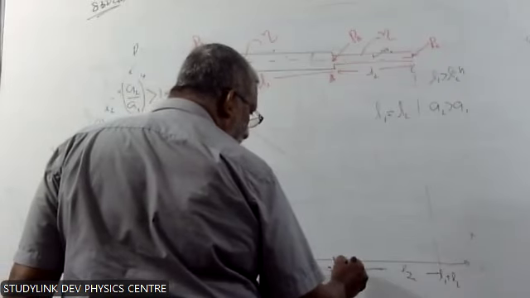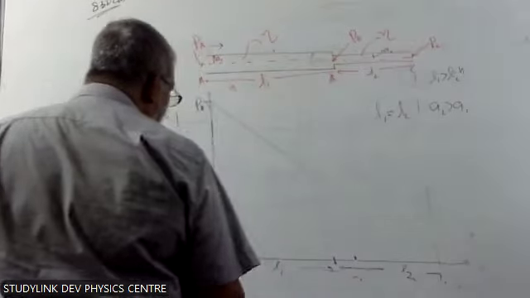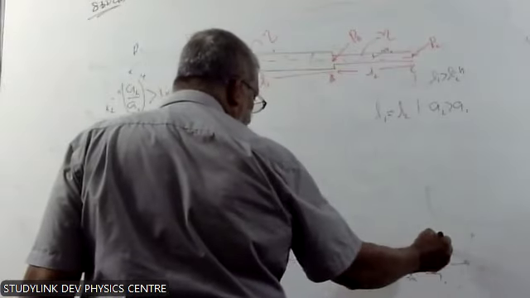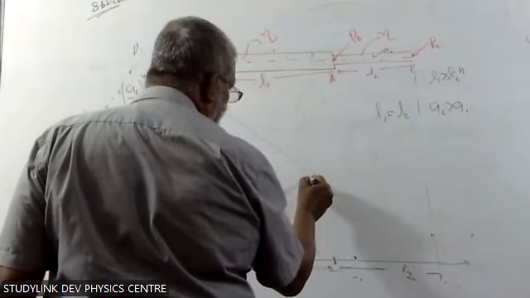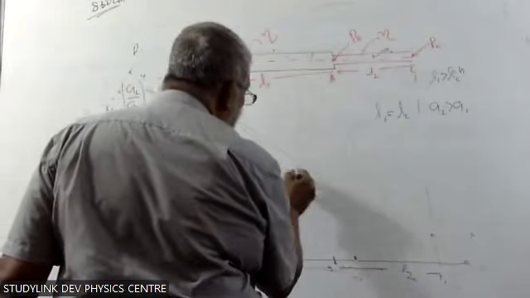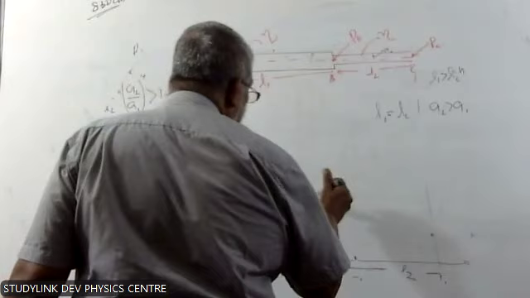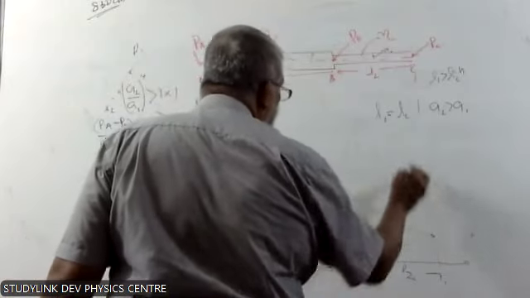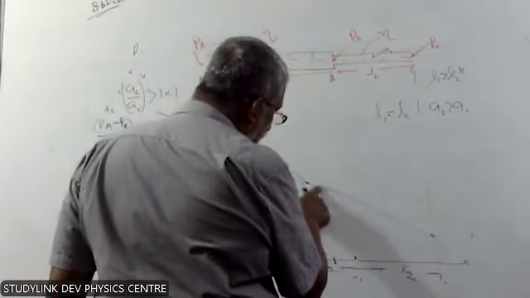That is also the same distance. L1, L2 same. So then PC must be here. Then PB must be there. Then this is the new graph.